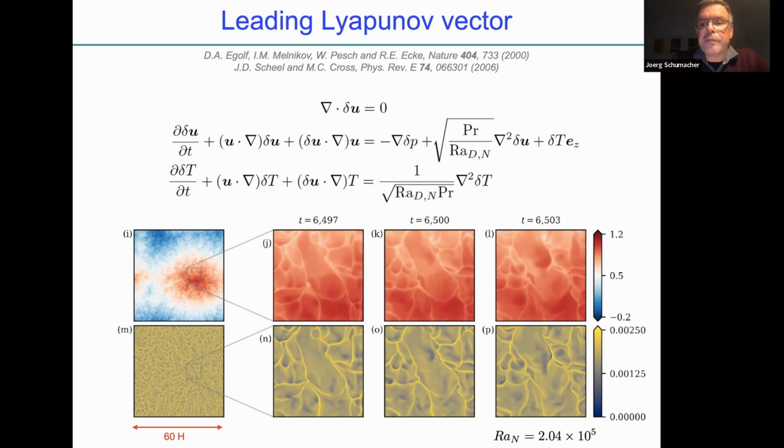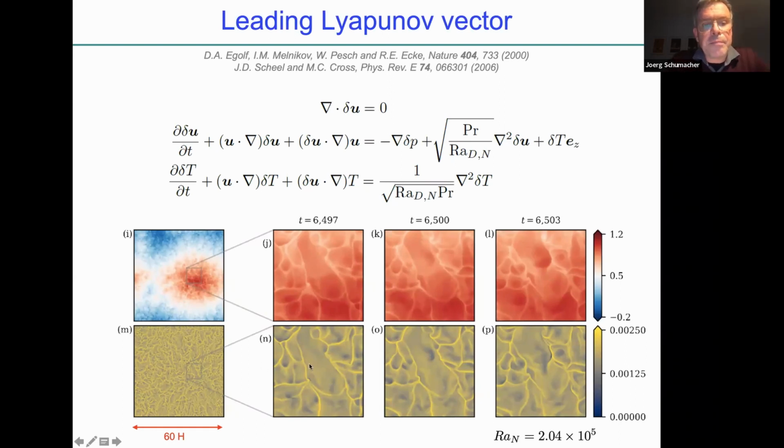If we want to get more Lyapunov vectors, we would have to add more of these linear systems. And if you want to have the full spectrum, you have to add 10 to the 10 of these equations, which nobody can do, as you can imagine. So the result which you get are these fields which you see at the bottom.